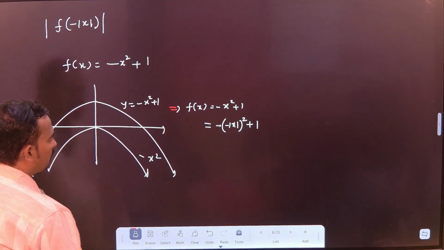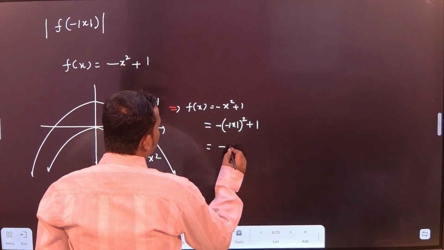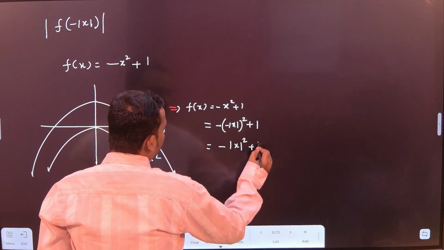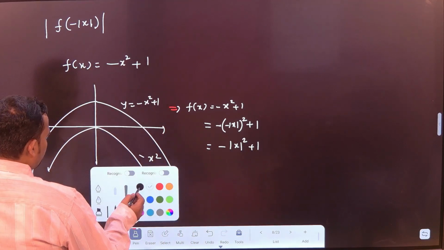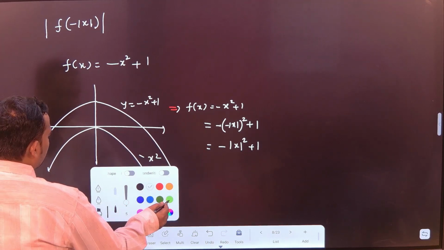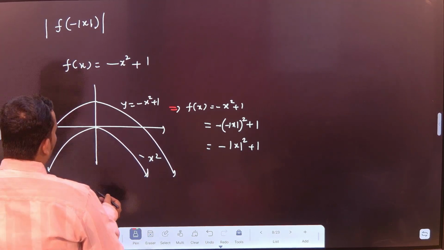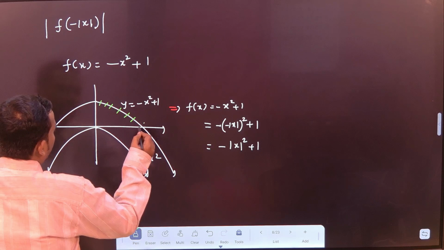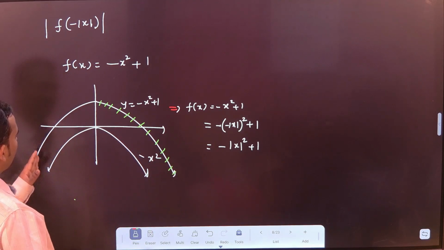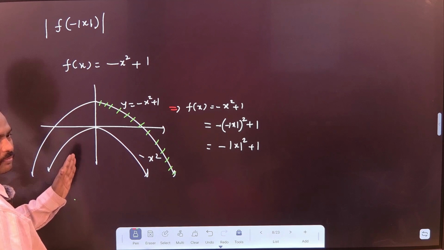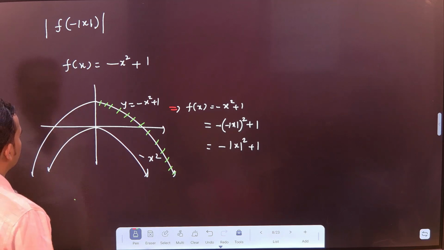This is the same as minus mod x whole square plus 1. Clear? How to draw the graph? So minus mod x rule is what? Whatever the right side portion is there, remove it. Whatever the left side portion is there, take the image with respect to y axis.